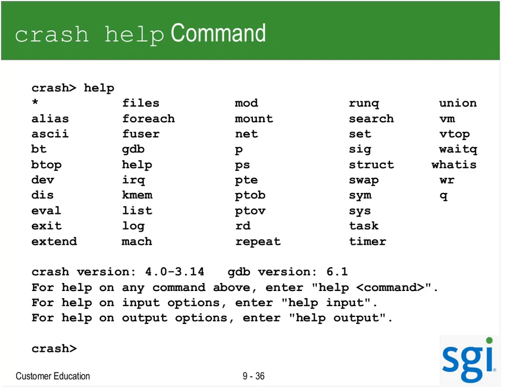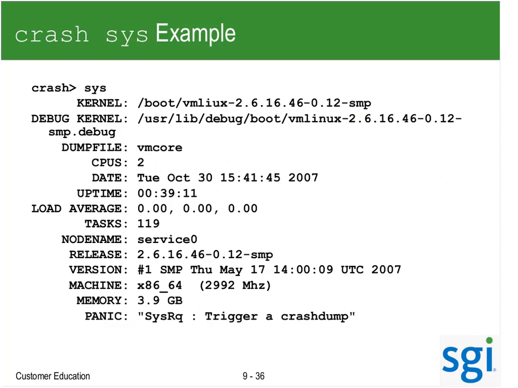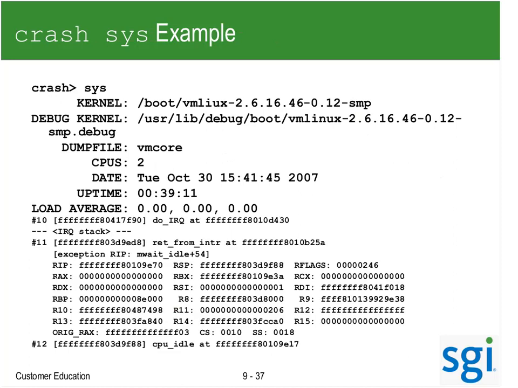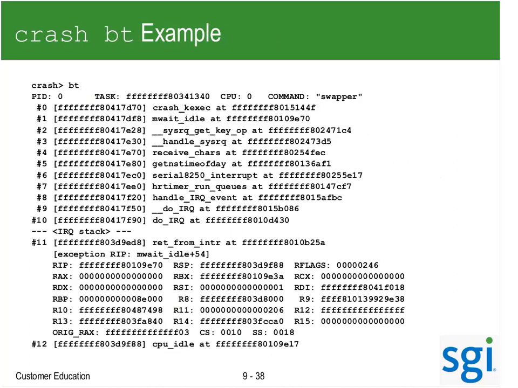And there's a help there for crash. It is different than lcrash. Some of the things are a little bit nicer. So I got sys to tell me what kernel rev level I'm running, how long it's been up, and so on. And then bt for your backtrace. This happens to be a backtrace for a sysrq to get a dump. This should match what I did yesterday.